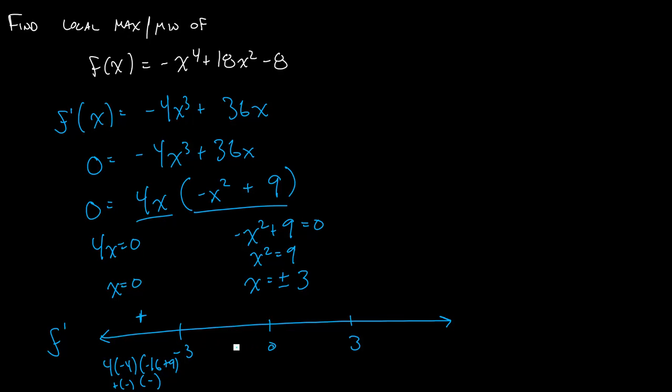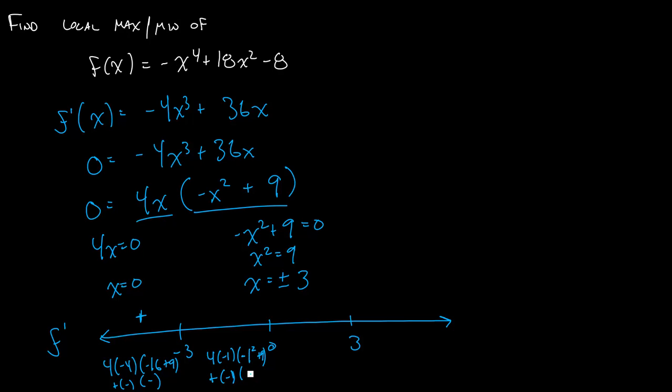What about a point between negative 3 and 0? Let's try something like negative 1. So 4 times negative 1. And then on the inside here, I'll have negative 1 squared plus 9. Again, it doesn't matter what the actual numbers are. I'll have a positive times a negative times a positive.